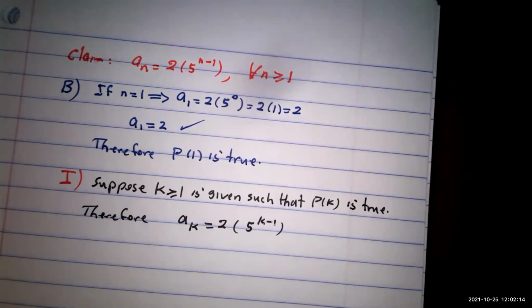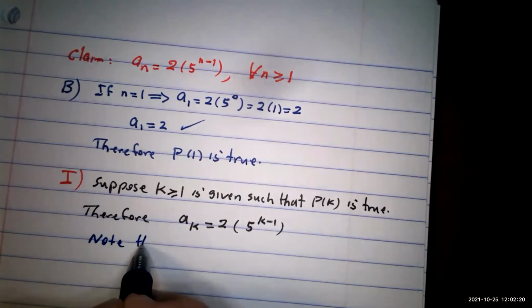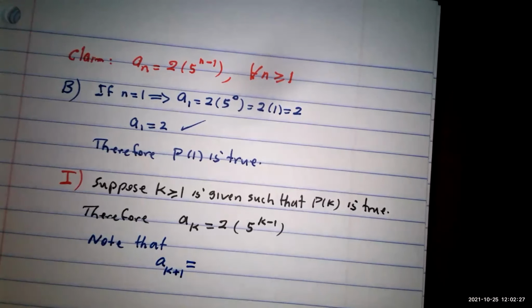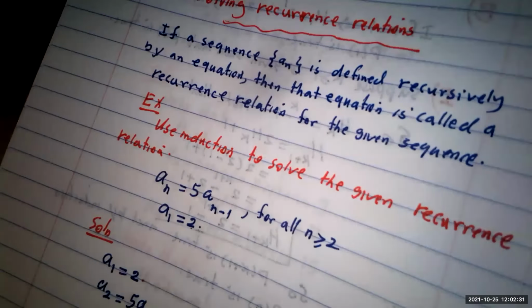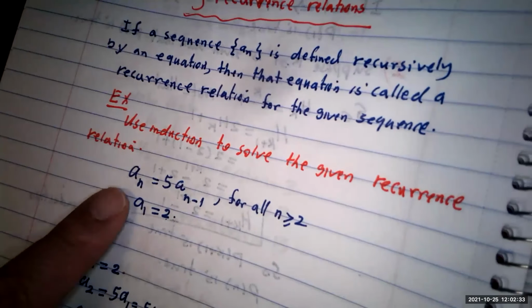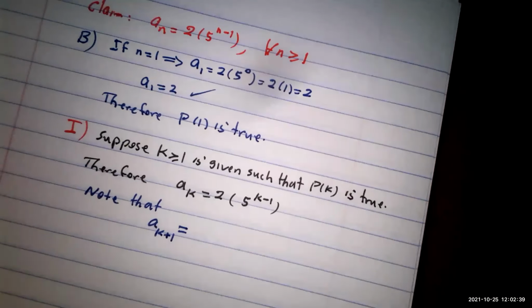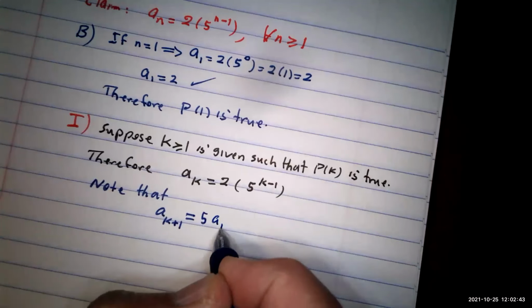But you have to bring in k plus 1. What is a(k+1)? Remember the recurrence relation that you have. What do you have? Each term is 5 times the previous one. So a(k+1) is 5 times the previous term, which is 5 times ak.